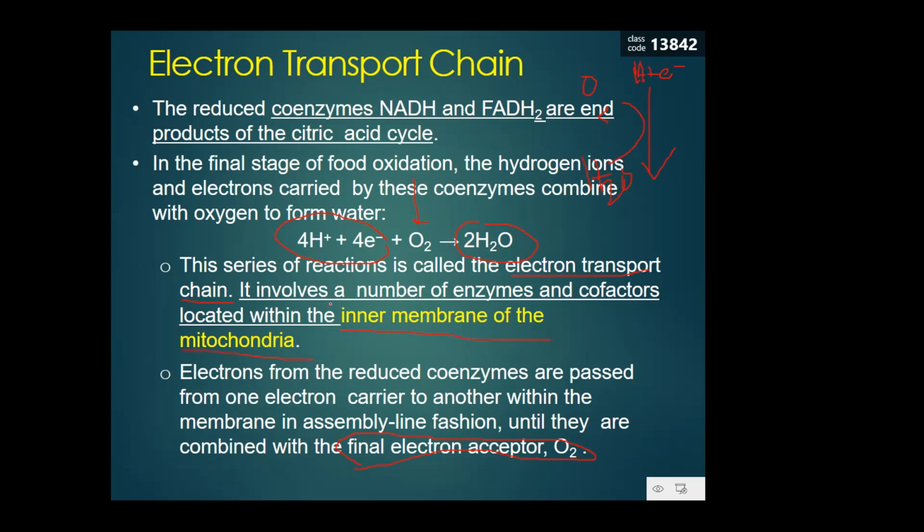So ano yung inner membrane na yon? That inner membrane starts with the letter C. We call that as ayun, cristae, no? Cristae. Okay. Ayan. So, cristae, ha? Cristae. Doon nag-a-occur tong electron transport chain natin.